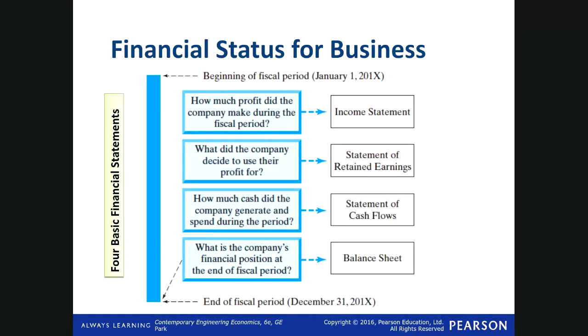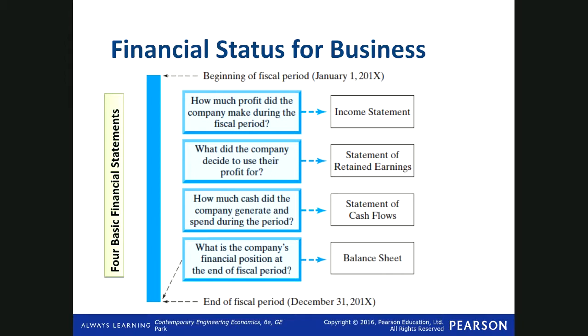Okay, so this is where we stopped in our last class. Financial status for a business, and as we said last time, after we make different decisions, the outcome of those engineering decisions will be reflected in financial statements.